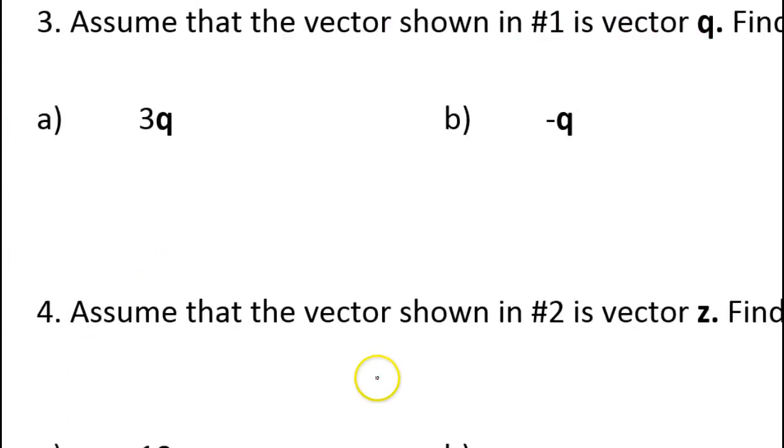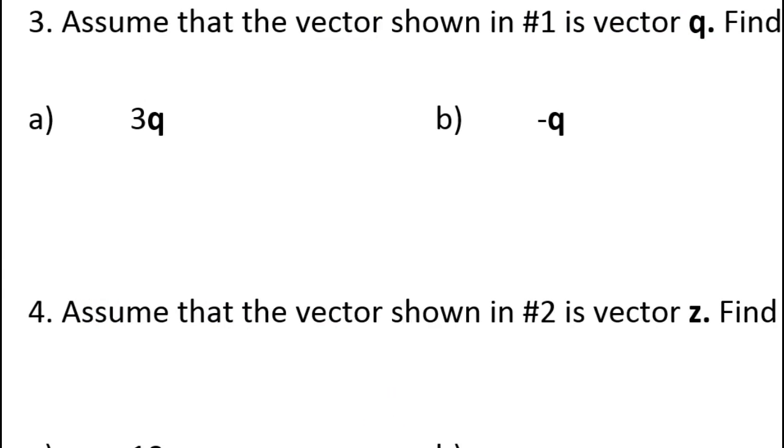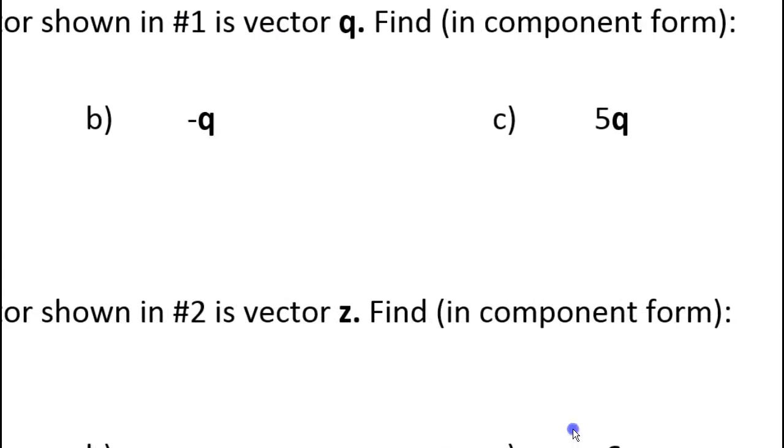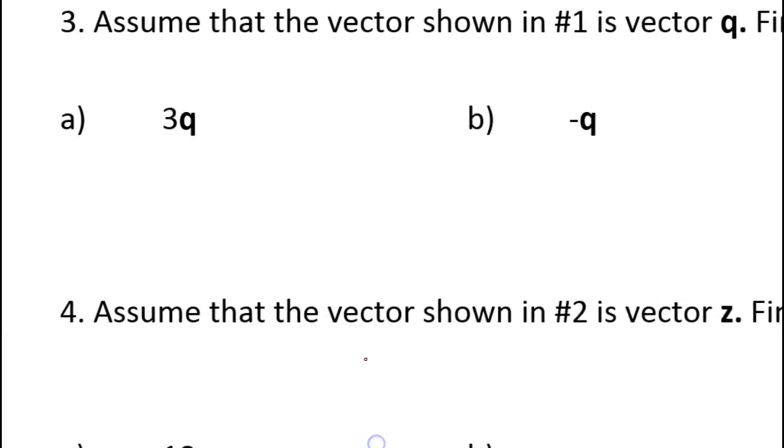For problem number 3, we're supposed to use the vector in problem number 1 and find component form, but we are multiplying by some things. This is called multiplying by a scalar. Let me just add this vocabulary in. When you're multiplying by a number, you're multiplying a vector by a scalar.